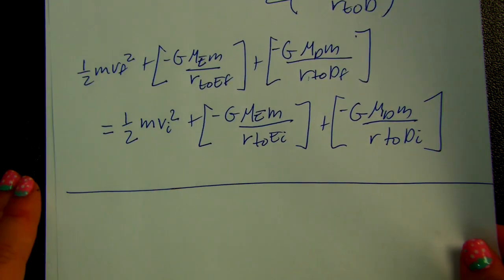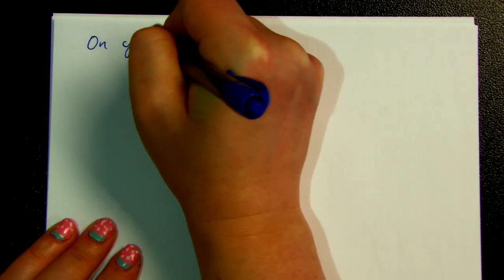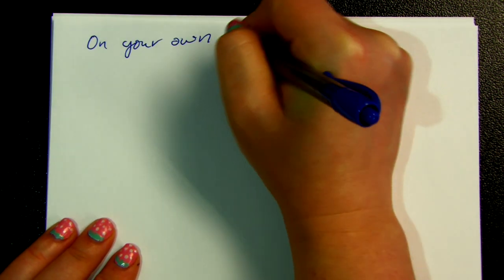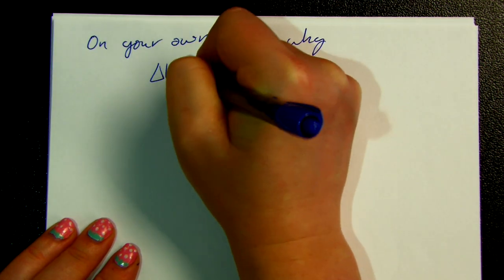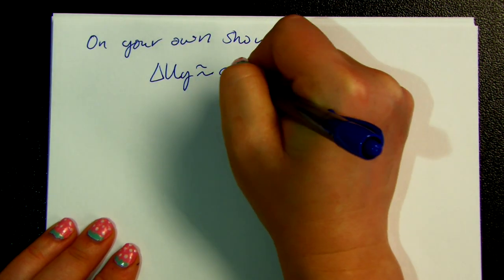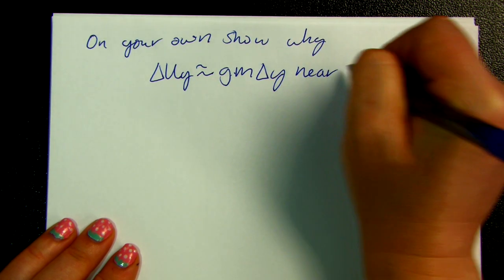All right, speaking of doing things on your own, show why delta U_y is approximately g m delta y near Earth's surface.